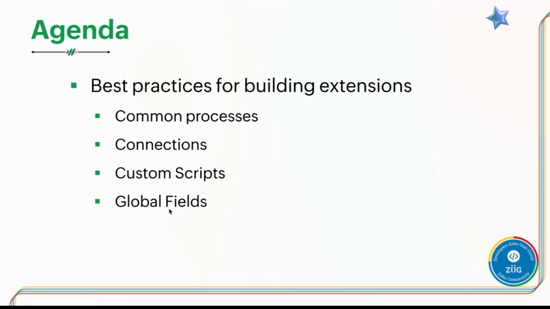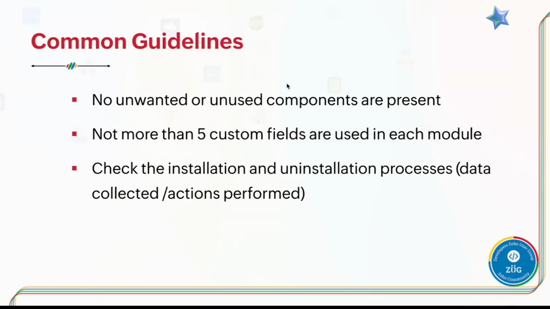Whenever you are creating an extension for Zoho Books and make it available to users, once the user installs the extension, all the components that you have added as part of the extension will be added to their Zoho Books account.